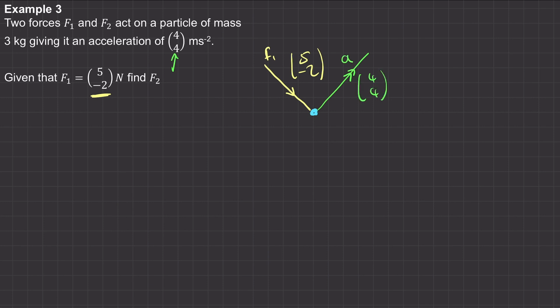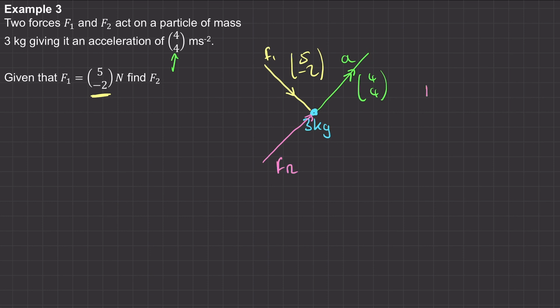And this will be the acceleration. And the mass of a particle is 3 kilograms. So we know that the resultant force must act in this direction, because that's what's causing it to accelerate in this direction. But we need to work out where F2 is.